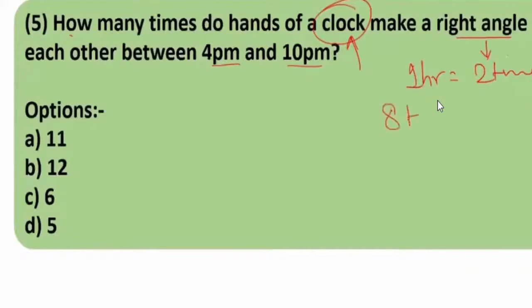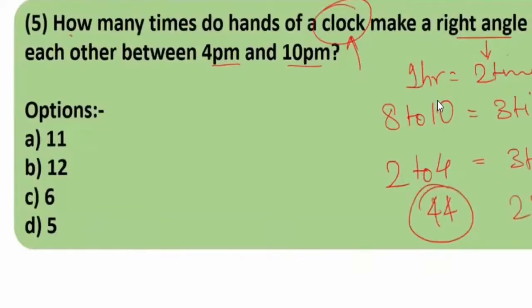But the exception is that between 8 to 10 and 2 to 4, in these 2 hours it makes only 3 times and not 4 times. Here also in these 2 hours right angle is made not 4 times but only 3 times. So what does this mean? In one day it makes the right angle 44 times, or in 12 hours it makes 22 times.